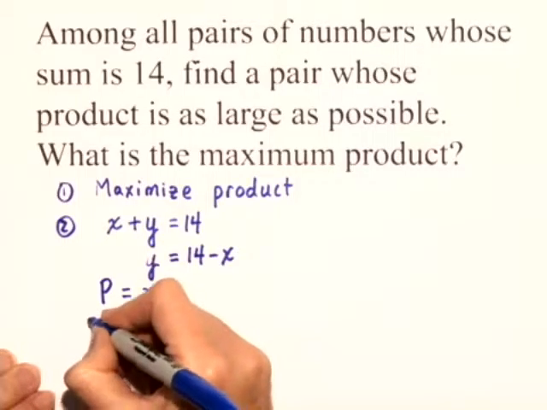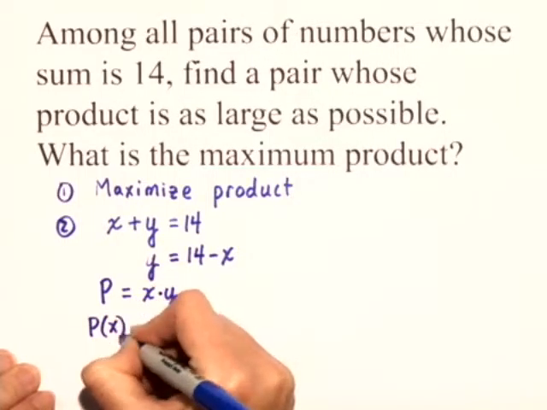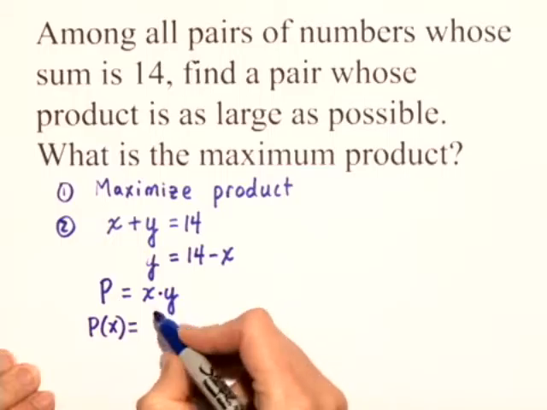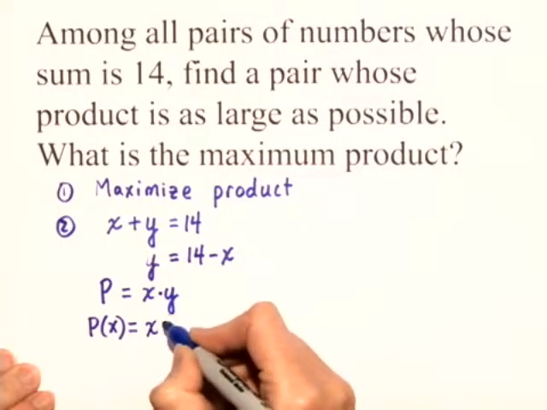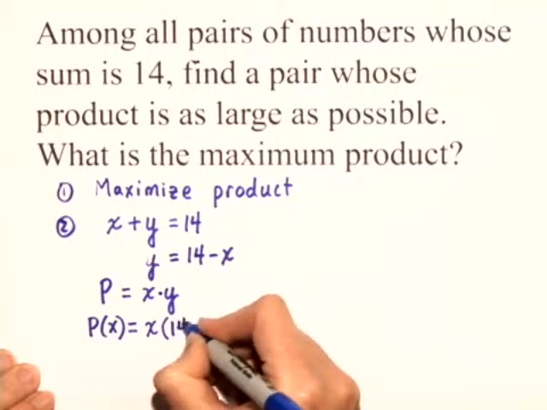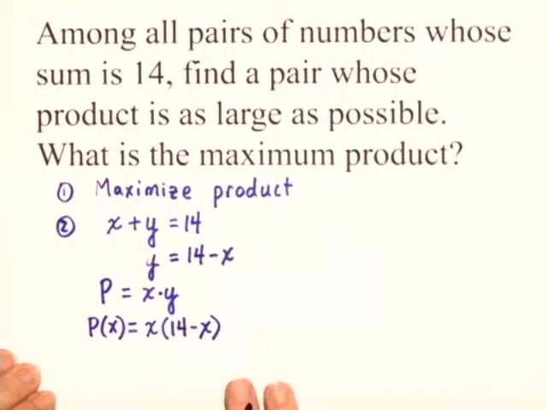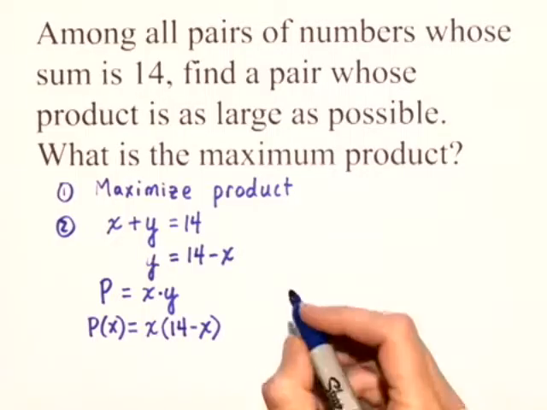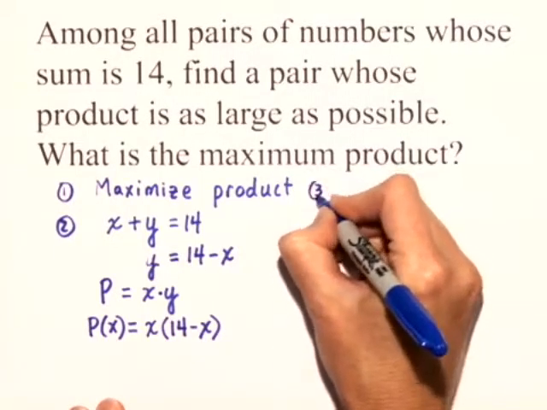But in terms of x, if we write it just as a function of x, our product is going to be x times y, which we already know is 14 minus x. So in step 2, we've written the product as a function of x. Now we're ready to go on to step 3.